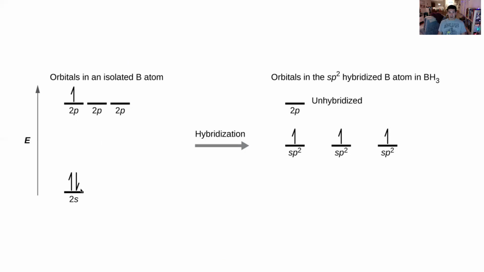We started with 3 electrons, so we'll get 3 half-filled sp2 orbitals. Essentially 1 s orbital and 2 p's, even though that's not where the electrons are in the ground state, are going to mix together. The hybrid has more energy than the s orbital, but less than the p. So overall, the hybrid orbitals will have less energy than the unhybridized form.